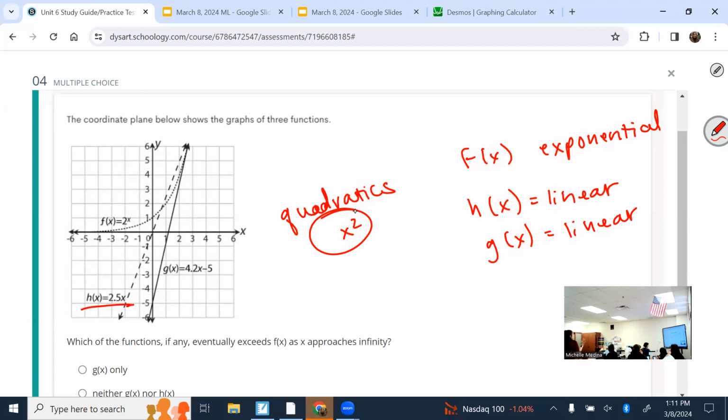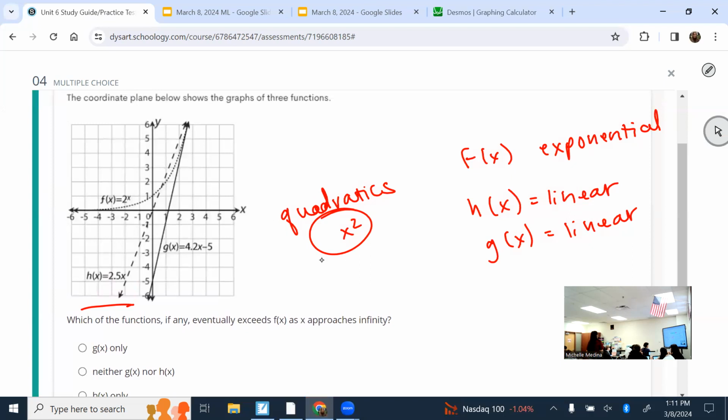Okay, but just keep that in mind, because that'll be important on your test and on your retake. If you do have to retake it, hopefully you don't have to, hopefully you do really well the first time. But you need to be able to identify the difference between exponential, linear, and quadratic. And it's known that which of these always exceeds the others?